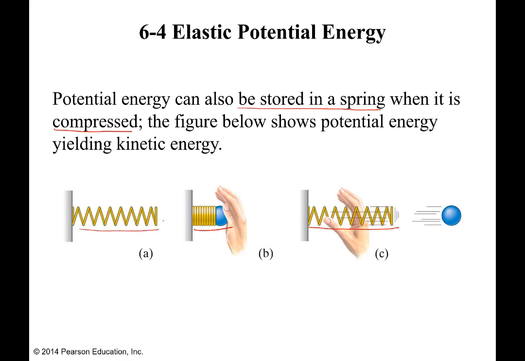If it's at rest, this is the equilibrium position, and equilibrium means there is no stretching happening. When you compress it by some distance, that distance of compression is taken as delta x, and then it is launched, or it can do work.